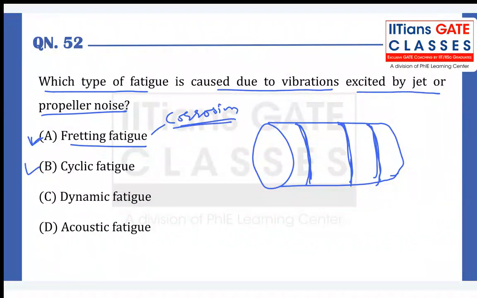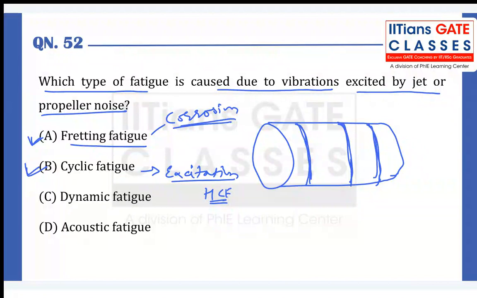Cyclic fatigue is related with oscillatory excitation. Mainly in an aircraft engine, the supporting components undergo excitation due to the engine. So there is something called HCF, high cycle fatigue, which comes under cyclic fatigue.